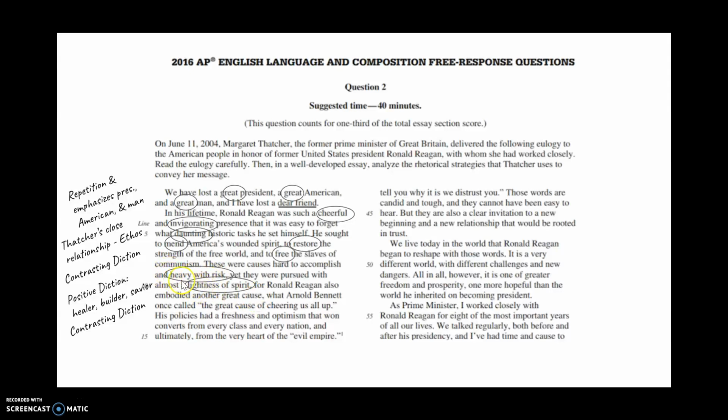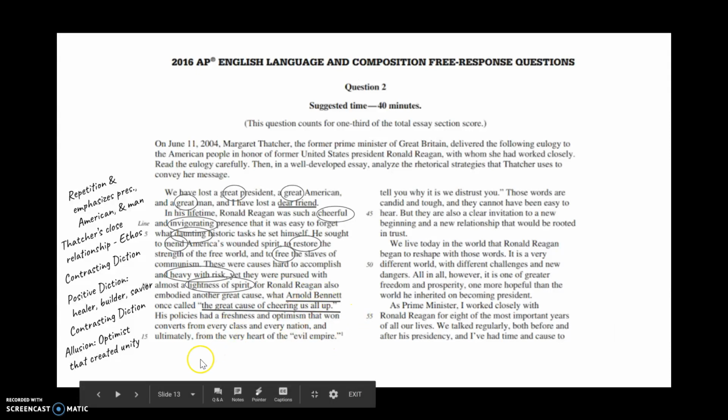Next, we see further contrasting diction, heavy with risk, lightness of spirit. Here we actually have antithesis, where heavy and lightness are opposite terms. Ronald Reagan with the lightness of spirit is able to accomplish things that had heavy risk. Again, we see this contrast where he's this amazing person who dealt with very difficult times. Then we have an allusion to Arnold Bennett, who said that the great cause of cheering us all up was essentially Ronald Reagan's cause.